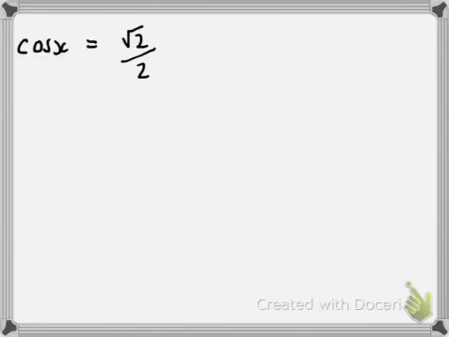So let's get underway with this one. Basic angle is going to be pi on 4. Basic angle equals pi on 4, and that's because we know that the angle in the first quadrant that has a cosine value of root 2 on 2 is pi on 4.